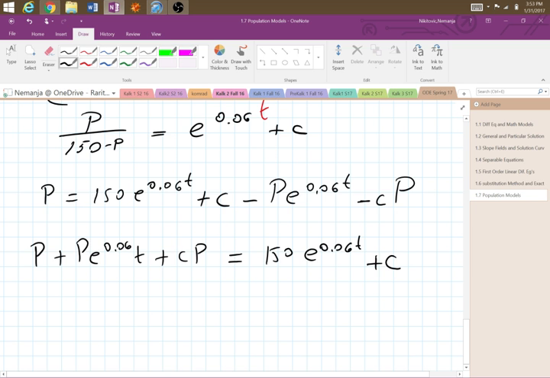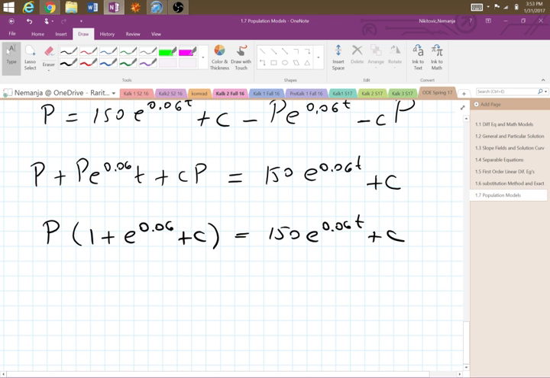So factor out P, and then just divide. And there's P of t. I think in the textbook they use the wording "as you can easily see," which is technically everything I did here.